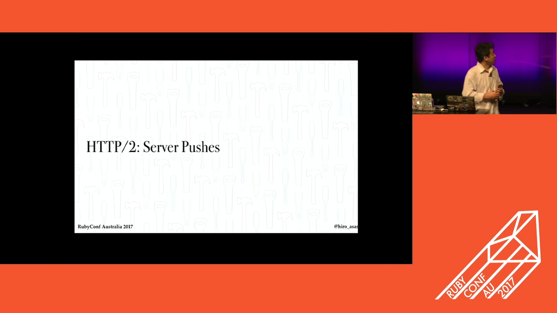There's one more feature on H2 on the server side, namely server push. Servers can push resources according to some basic rules, like if you ask for this style sheet, the server will push to the client other, let's say, fonts or images or things like that without the client telling it to.